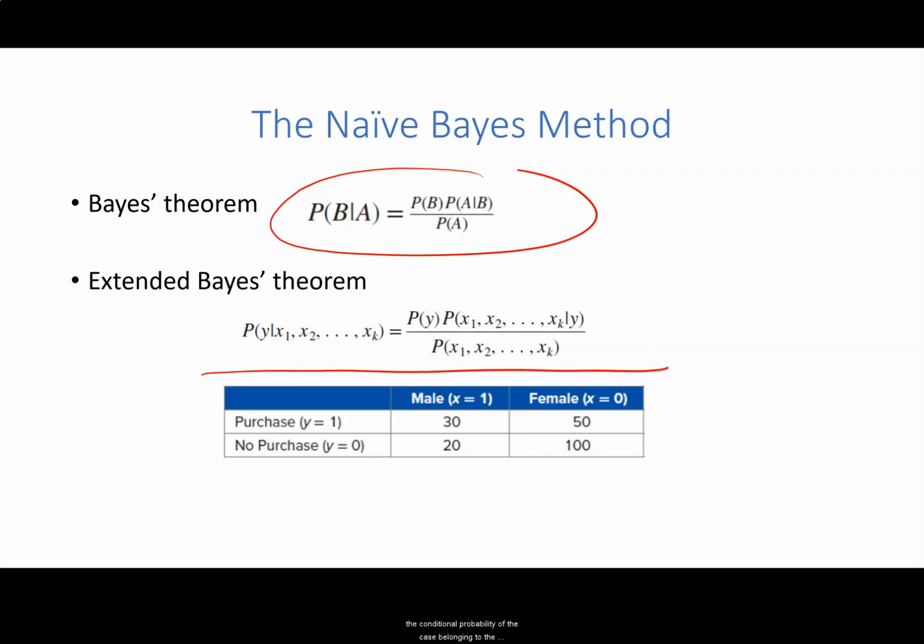The conditional probability of the case belonging to the target class of Y, given that the predictor variables take the values of x1, x2, all the way to xk, equals the overall probability of the target class multiplied by the conditional probability of the predictor values being x1, x2, all the way to xk, given the case belongs to the target class, and divided by the overall probability of the predictor values being x1, x2, all the way to xk.